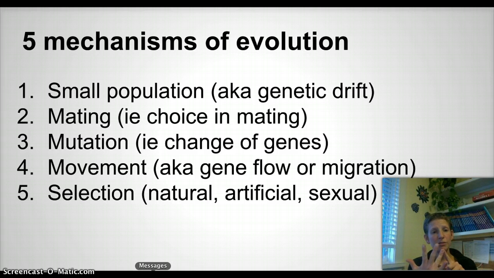Then we used our ring finger to think about rings symbolizing a couple, so mating, and when mates are chosen, that will determine what genes are passed on to the next generation.